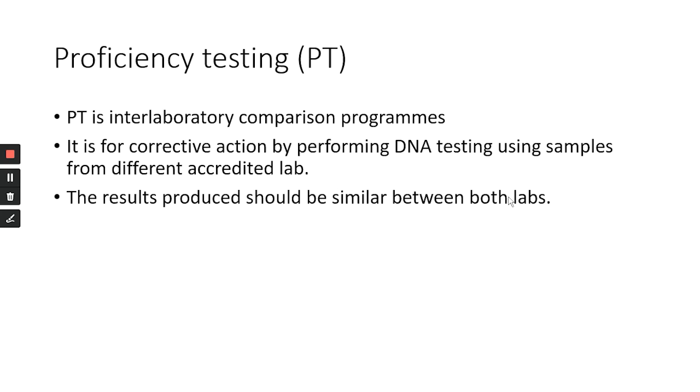Are we going to produce the same result? If we got the same result, that means our methods, our kits, our machines have the same quality as Jabatan Kimia Malaysia. Okay, that is, we compare between two labs. This program is called proficiency testing. This is also one of the elements to get quality assurance.